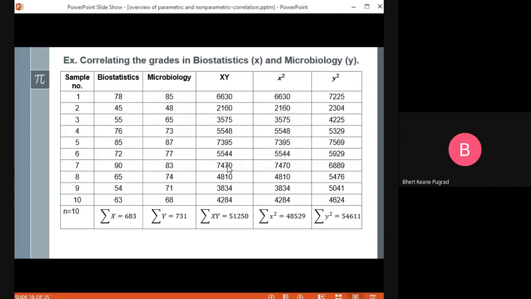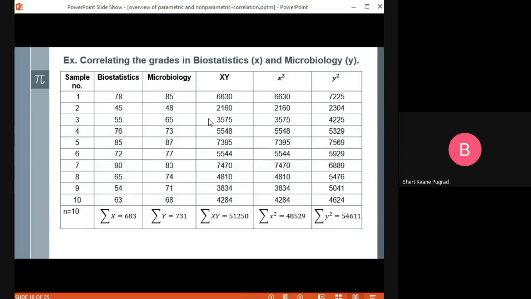So let's assume that we have this given set of data, the scores or the grades in biostatistics and microbiology. We want to determine if there is a relationship between the grades of students in biostatistics class and microbiology. We have 10 samples or 10 students.